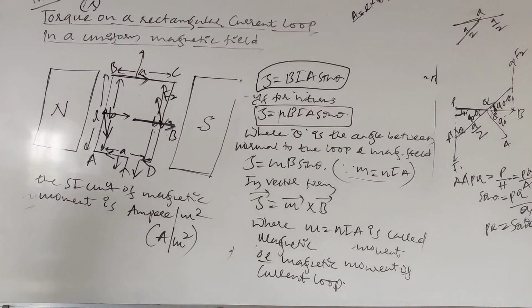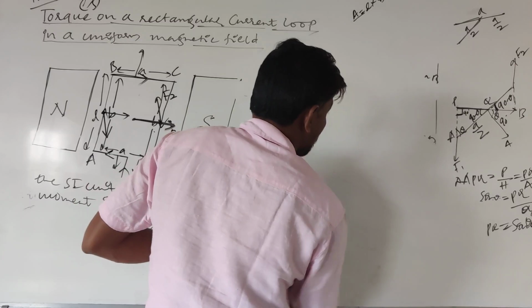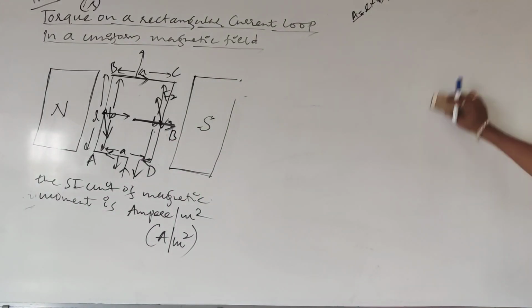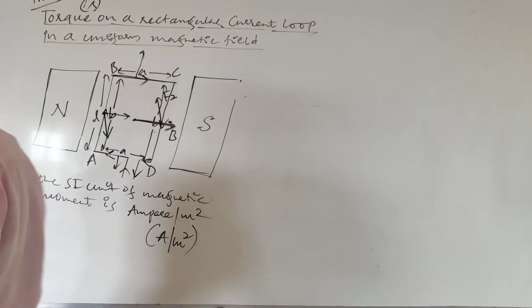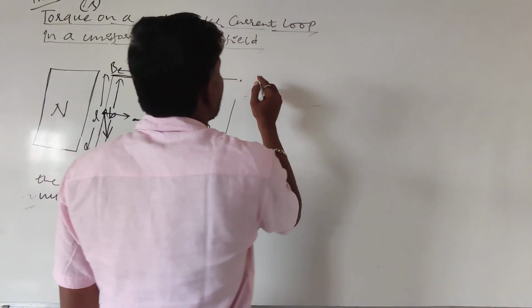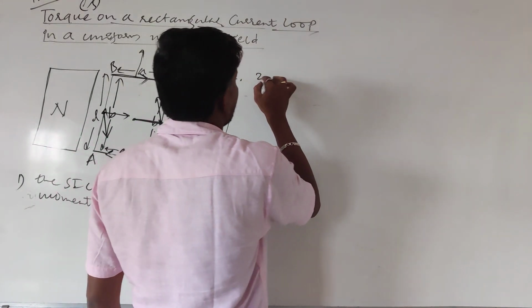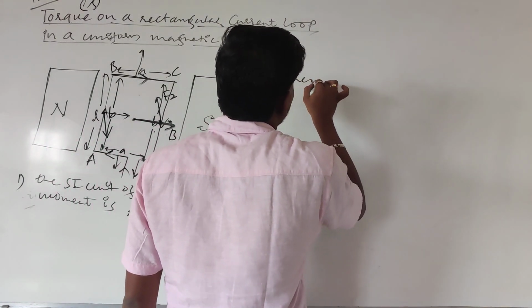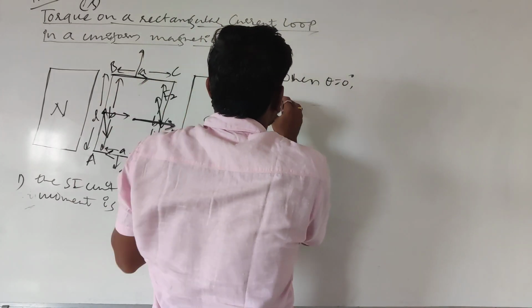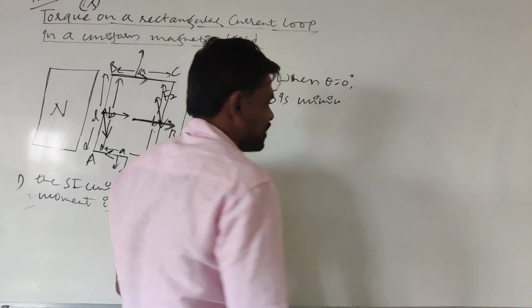After this, note number 1: when theta is equal to 0 degree, torque is minimum.